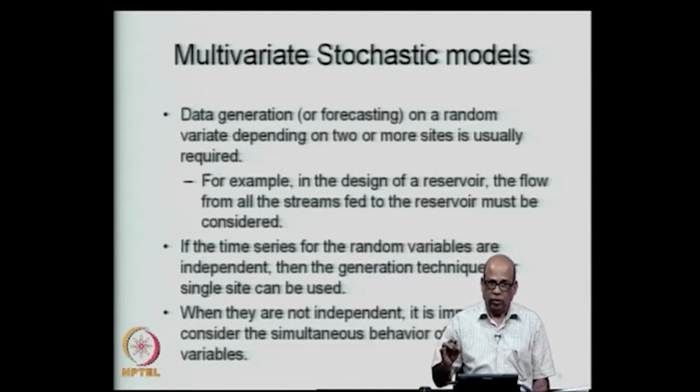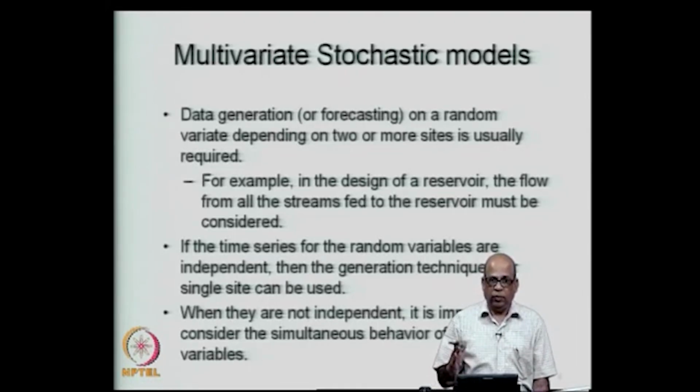That means you have to take into account the dependence of flows in one site on the flows in another site, and that is how you need to do the data generation. These are called multi-site data generation models in hydrology, and the broader class is multivariate stochastic models.